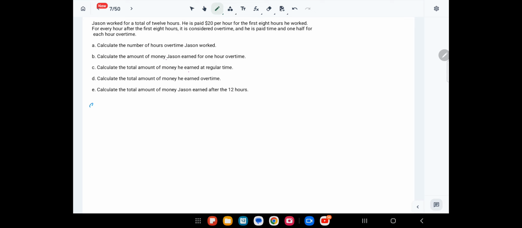So to calculate the hours overtime he worked, it will be from the total hours that he worked, we will be subtracting the regular time hours.